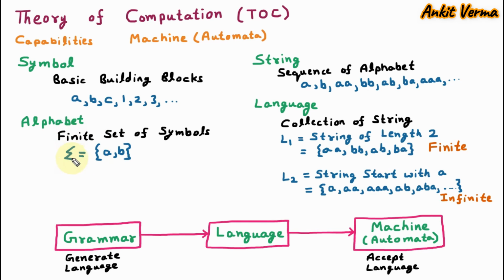From the alphabet, we create the string, which are the sequence of alphabet. So given alphabet are arranged in some sequence, just like A, B, AA, BB, and so on.